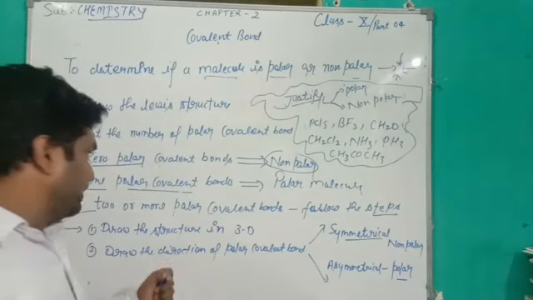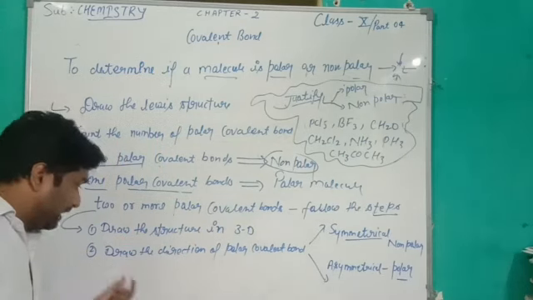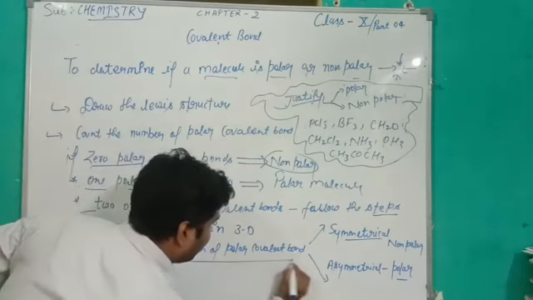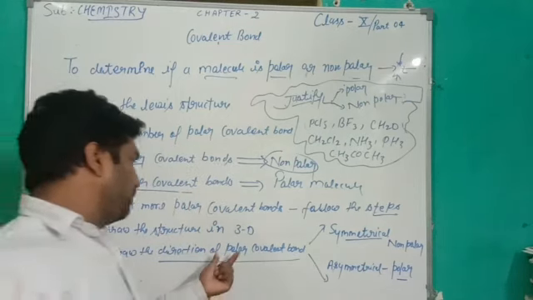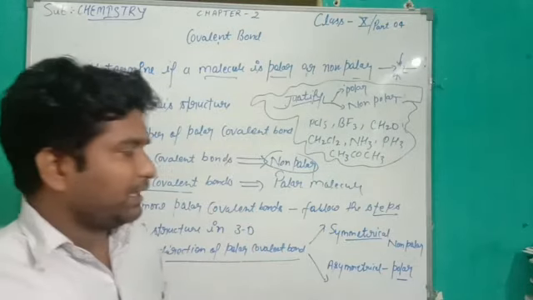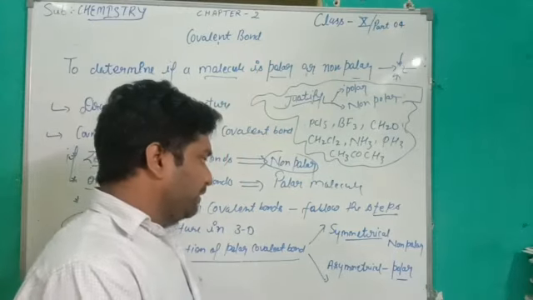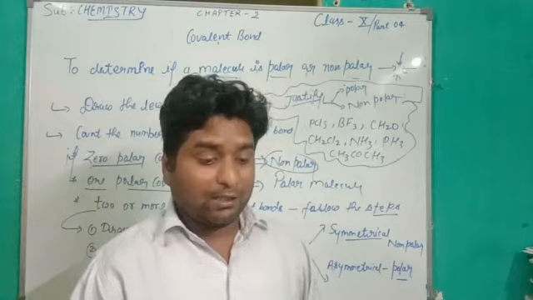Follow this step. First, draw the structure in 3 dimensions. Second, draw the direction of the polar covalent bonds. If the direction of the polar covalent bonds is symmetrical, the molecule will be non-polar. If the direction is asymmetrical, then the molecule is a polar molecule.